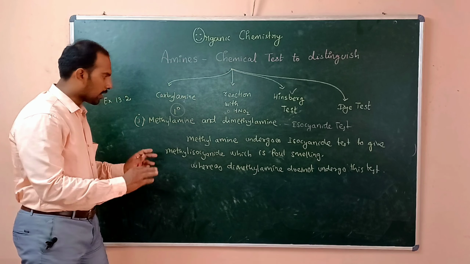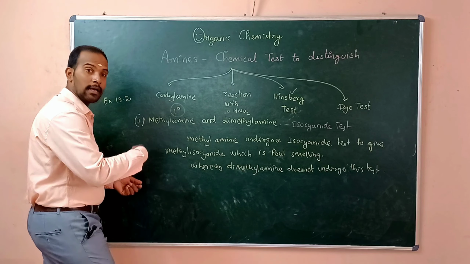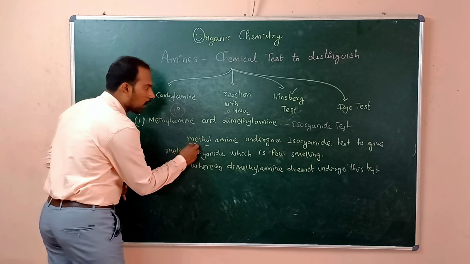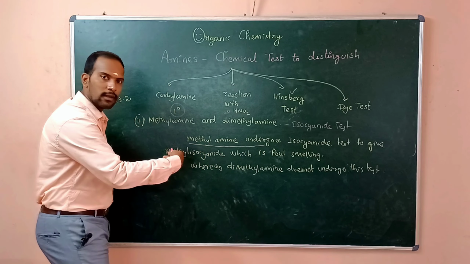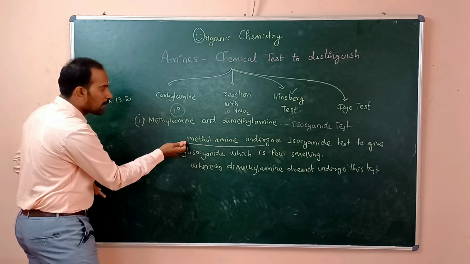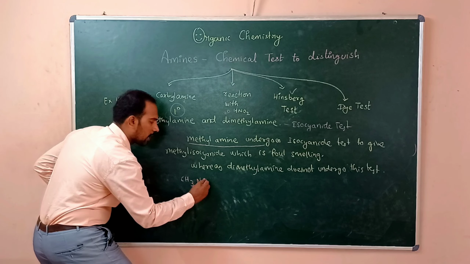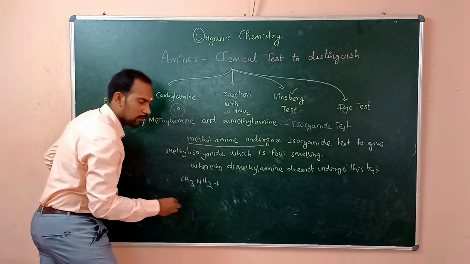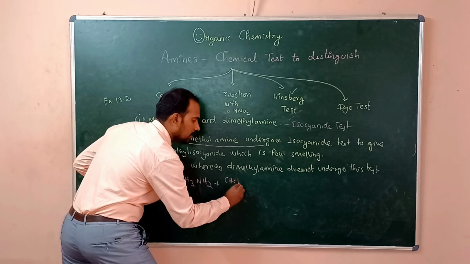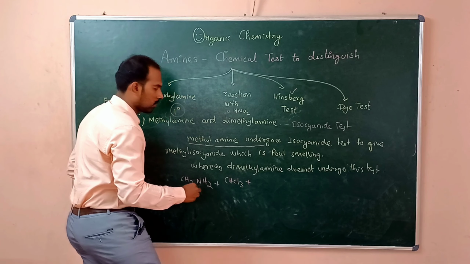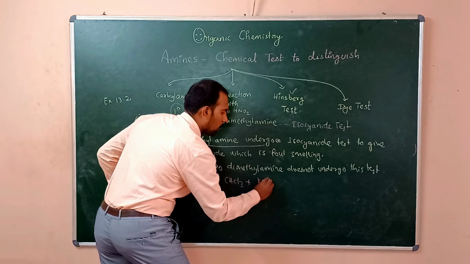Okay, இதை எழுதிட்டு we have to write the reaction. So எந்த ரியாக்ஷன் நம்ம நடக்கும்னு சொன்னோமோ அந்த ரியாக்ஷனுக்கு நம்ம எக்ஸ்பிளனேஷன் எழுதணும். Okay, so methylamine will undergo isocyanide test. So write CH3NH2 reacts with reagent யாரு CHCl3 plus KOH.